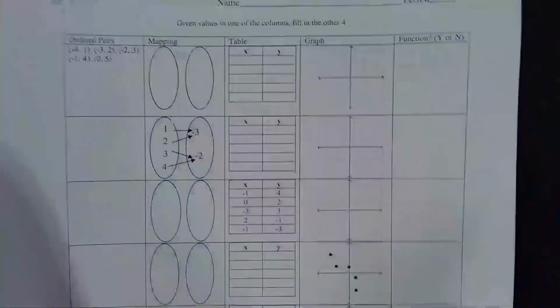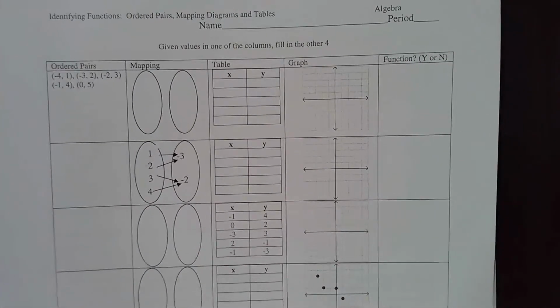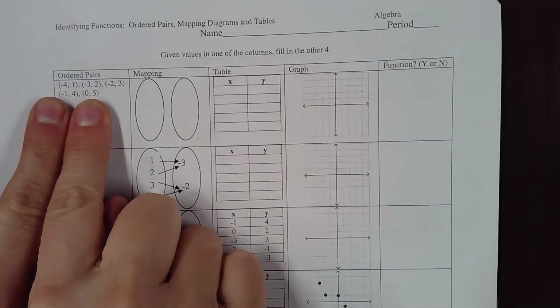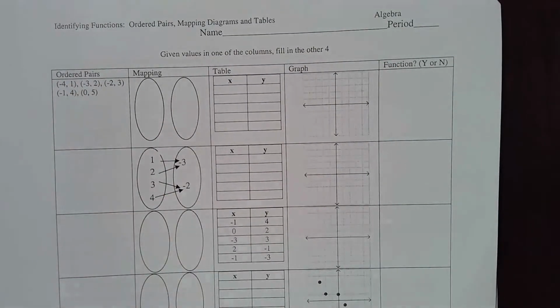Let's take a moment and bounce to the next page in your packet and see if you can remember how to do the mapping, the table, the graph, and tell me if it's function notation or not. There's something very, very important that we need to realize with our ordered pairs here. This is not correct. What do you need to add here to make this correct?